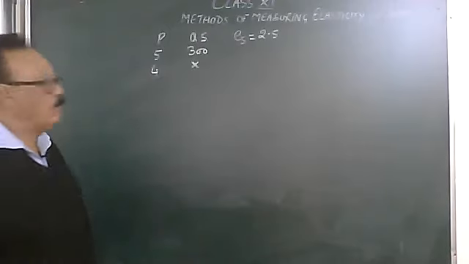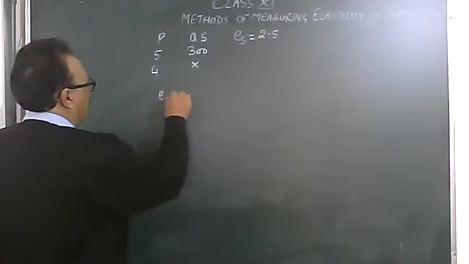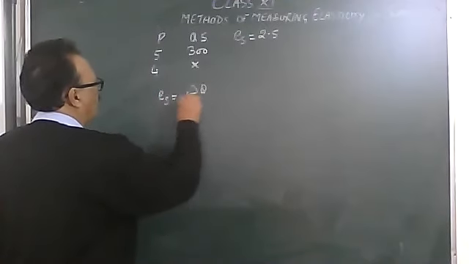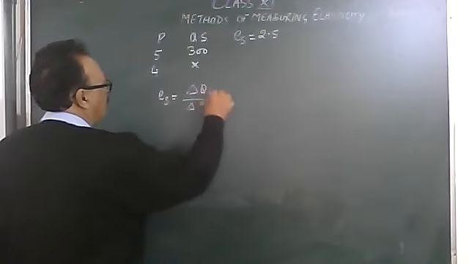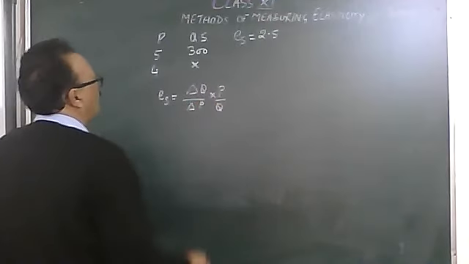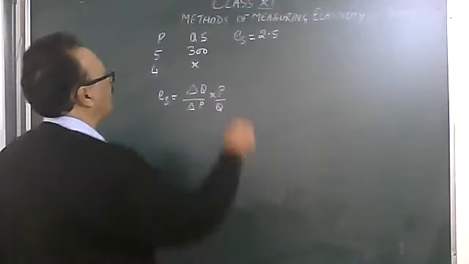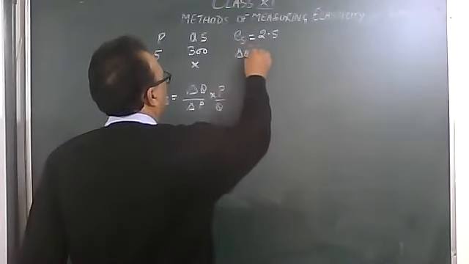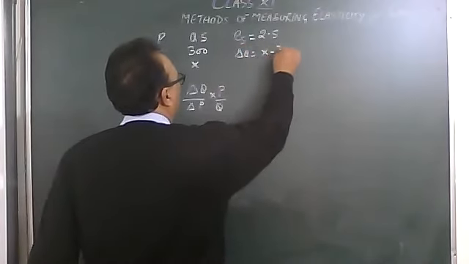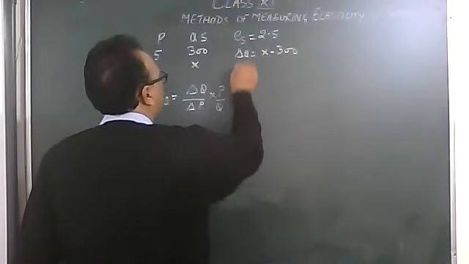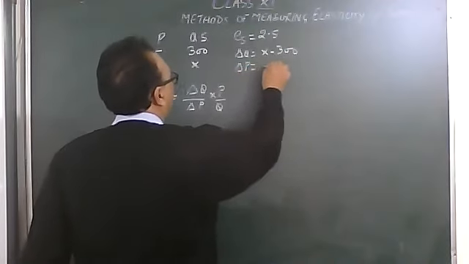Now, elasticity of supply is delta Q upon delta P, into P upon Q. Delta Q will be the change in quantity, equal to X minus 300, and the change in price is equal to minus 1.